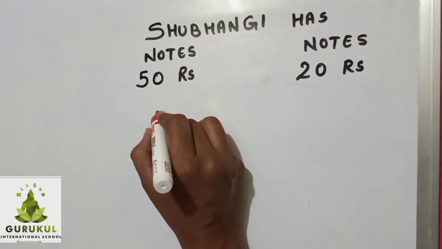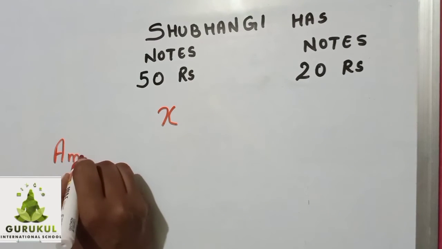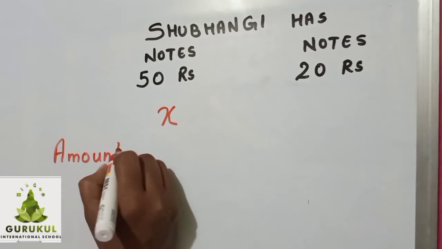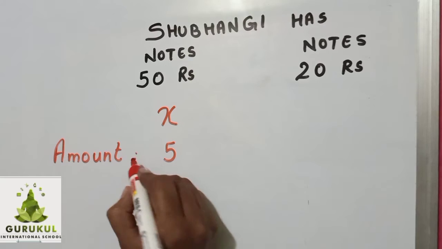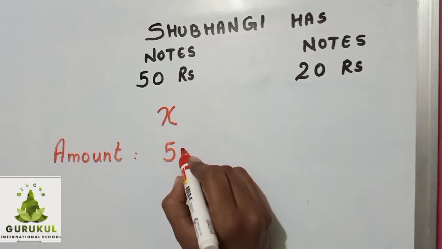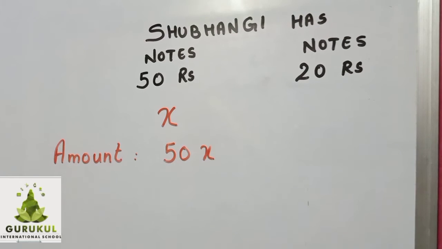So, I will take it as X. So, how much amount she is having? Total amount she is having is 50 rupees, X notes of 50 rupees means she is having how much amount? 50 into X, that is 50X. Is that much clear?